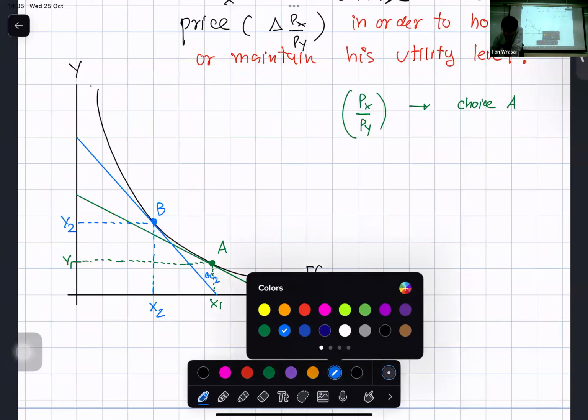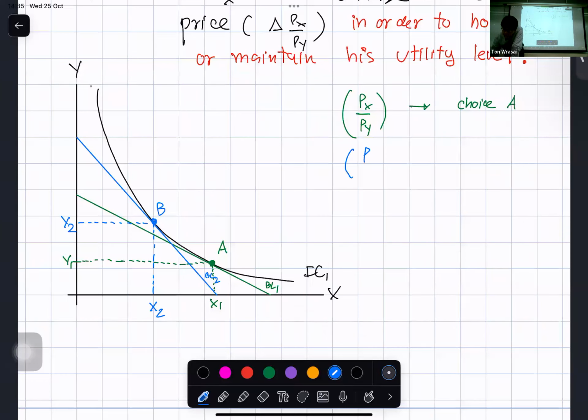Now, the blue one with the blue slope, with the blue price ratio, given this, he selects basket B to consume and maximize utility. Last attempt, we check again. What did we make? Even steeper?